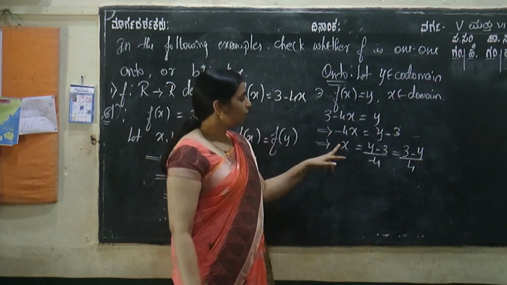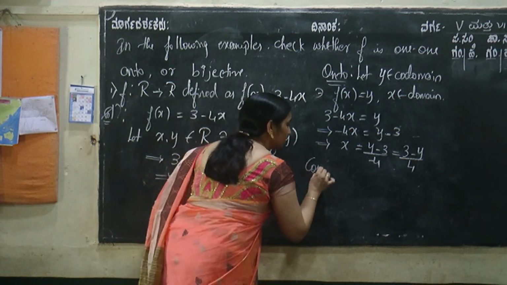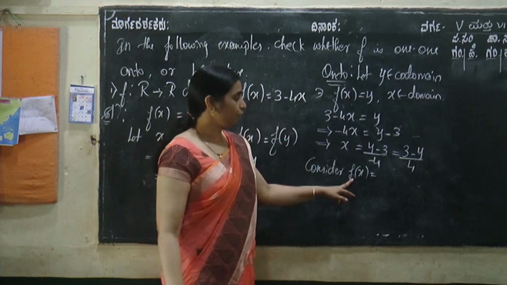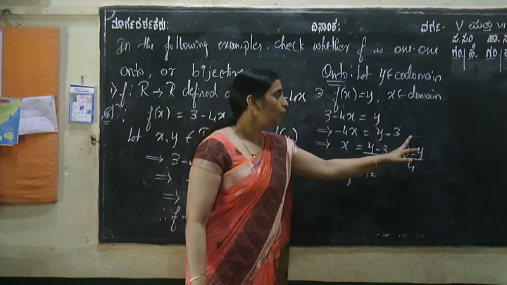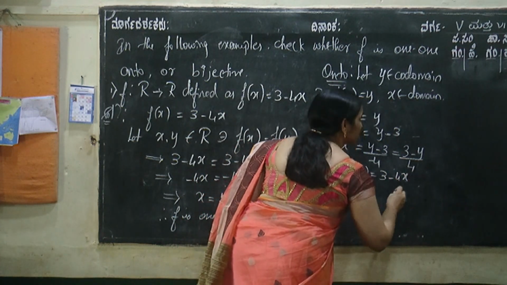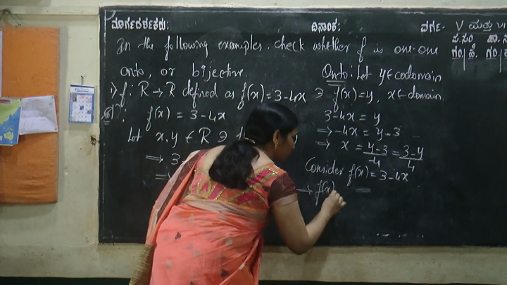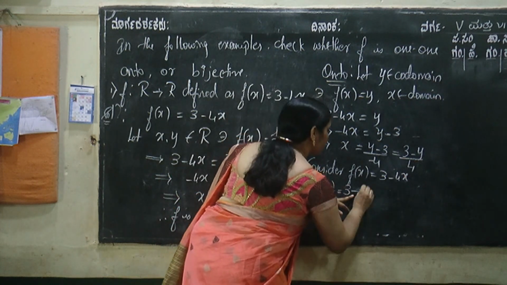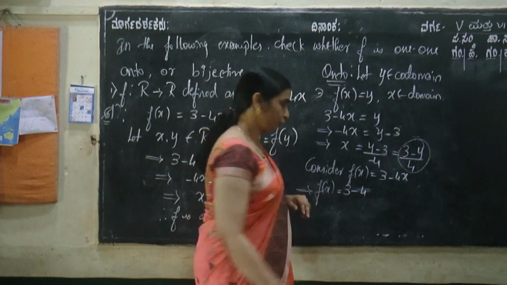Now we need to check whether this value of x belongs to the domain or not. So we will consider f of x is equal to y, no doubt at all. But in place of x, we will substitute the value 3 minus y divided by 4. f of x is equal to 3 minus 4x, that is equal to 3 minus 4 into, in place of x, substitute 3 minus y divided by 4.